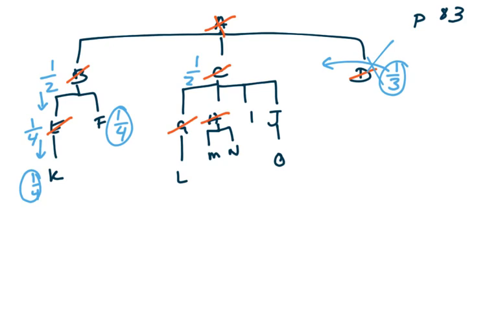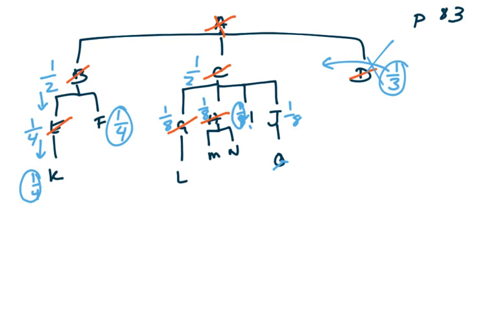Then we would take a look at C's line here. So we would divide 1/2 by 4. So we would get that each gets 1/8. I's line is down there, so I gets 1/8.